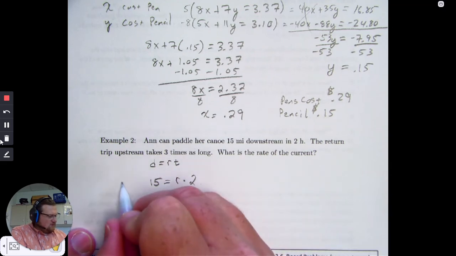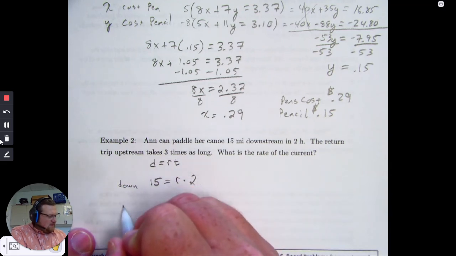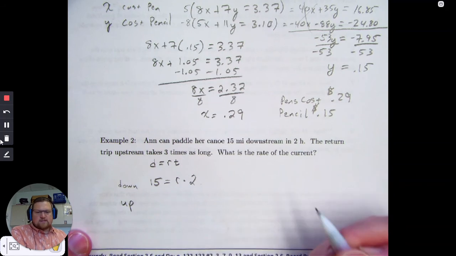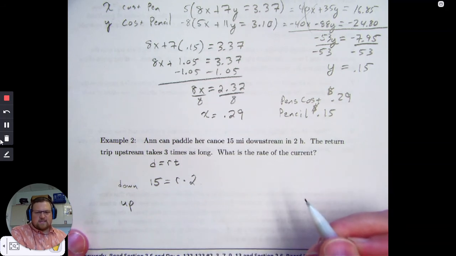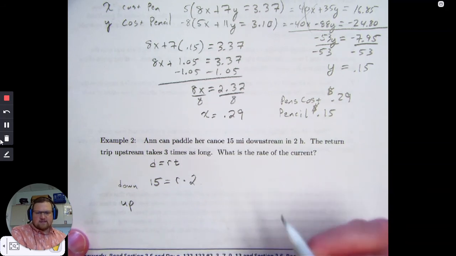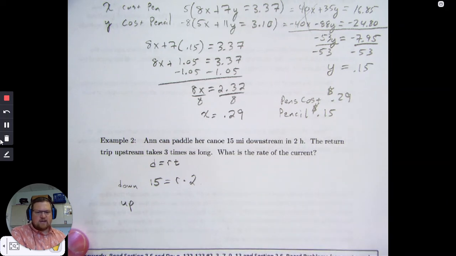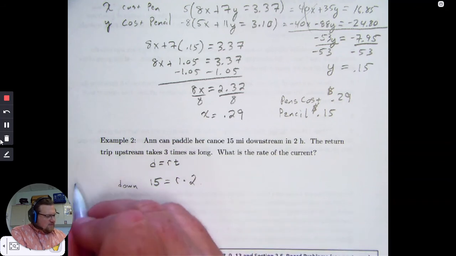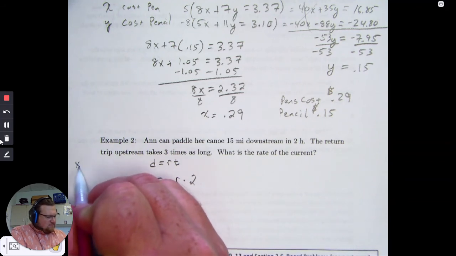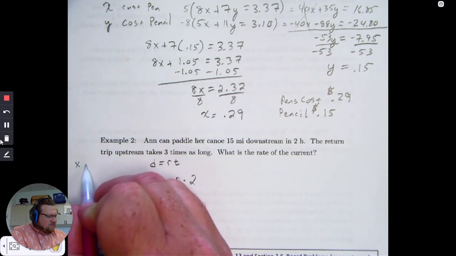So this is going down and this is coming back up. So we have 2 things that we have to take into consideration. We have to take into consideration how fast she paddles and how fast the current is either pushing her forward or pulling her back. So if we use our 2 variables, x is her paddle speed.